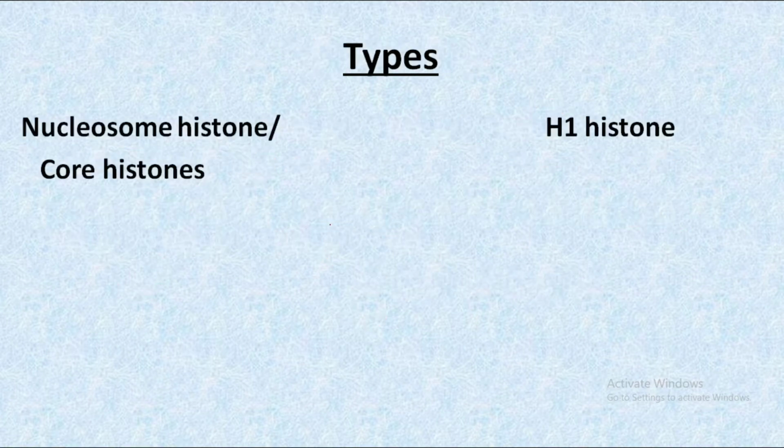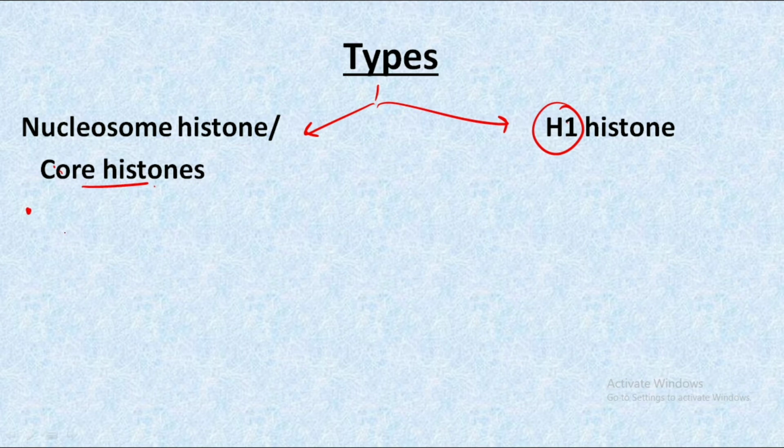Talking about the types, we have the nucleosome histones, also called the core histones, and on the other side the H1 histones. The important points regarding the nucleosomal histones are that there are 8 molecules of 4 types.